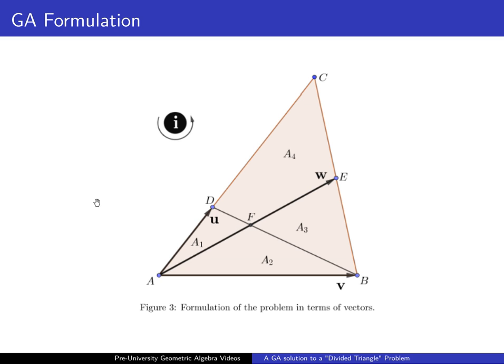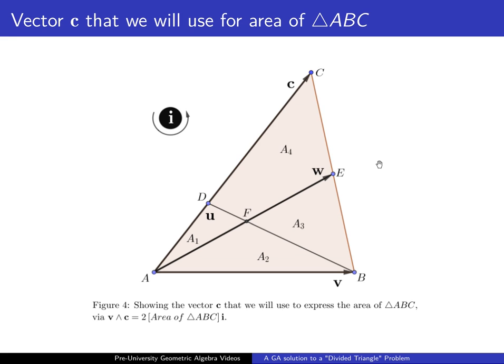So the GA formulation that we'll use here is shown with these three vectors, u, v, and w. In order to find the area of the full triangle, we will use the outer product of v with c.